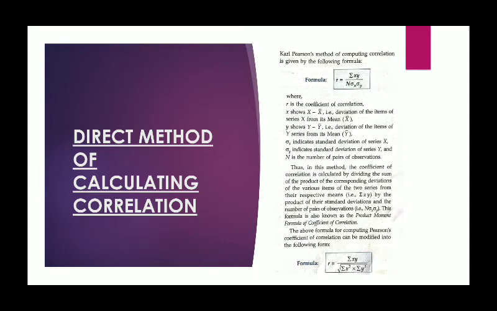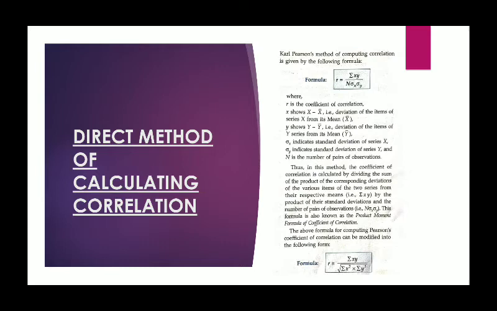Simply, we calculate the means of the two series, x bar and y bar. We take the deviations of each from the data itself and denote the deviations as small x and small y. Then we calculate the summation of small x square and small y square, and the last one is the product of the two.